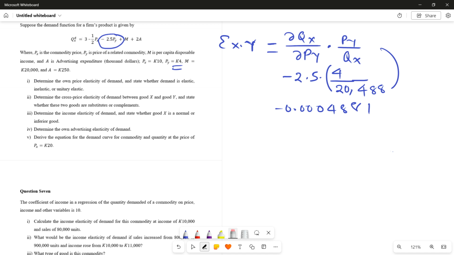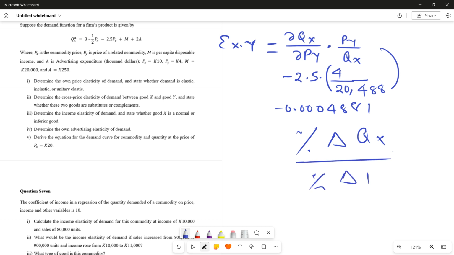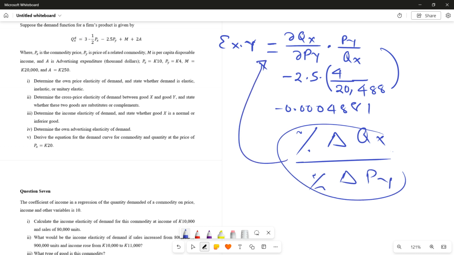With cross price elasticity, this means that after increasing the price of good Y, remember what you should always know is this: percentage change in QX, in this case due to percentage change in the price of Y. Otherwise the logic is the same thing, change in quantity demanded due to change in PY. So this means that if I increase the price of good Y, the quantity of good X is falling. Why? Because the answer is negative.